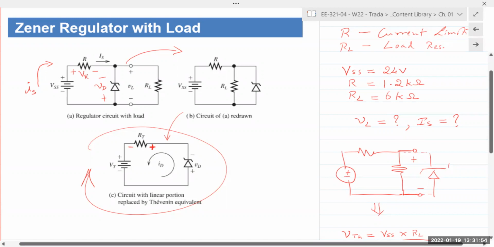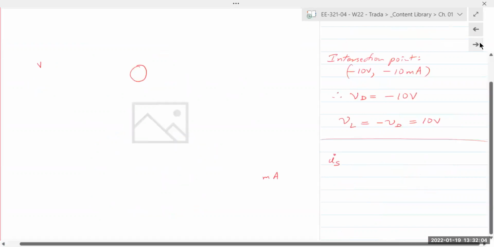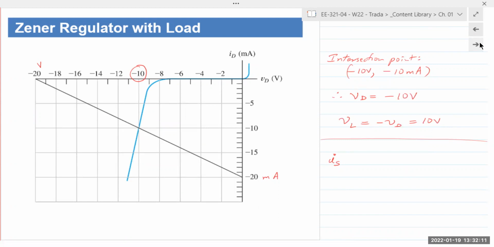Now, if you apply KVL around that loop, you get VSS minus VR minus VL equal to 0. The Zener diode is in parallel with RL, so the voltage is the same, and we don't have to worry about it.